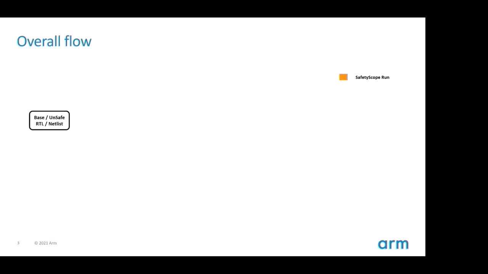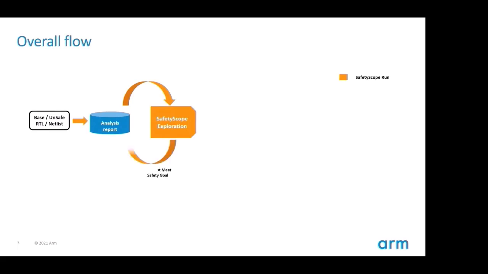So here's an animation of the overall flow. We start with an unsafe design, RTL or netlist, and run Citivscope to do the exploration and generate some reports. This can be an iterative process. If the exploration meets our ACL target or safety goal, then we move forward.